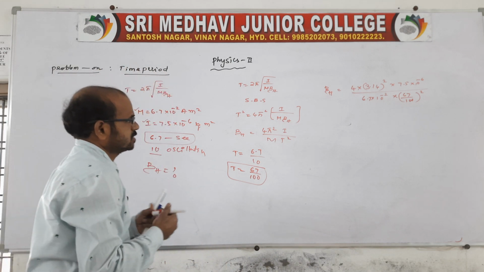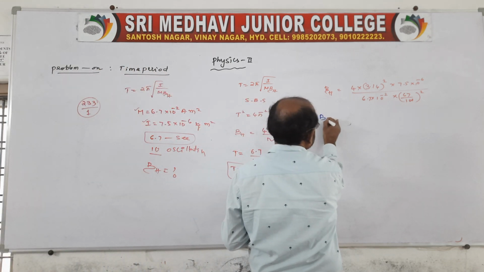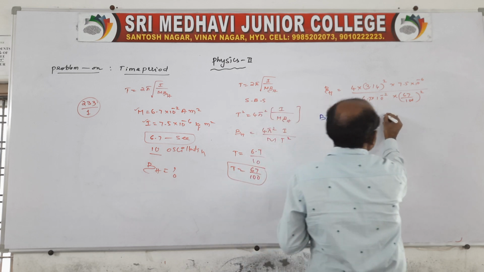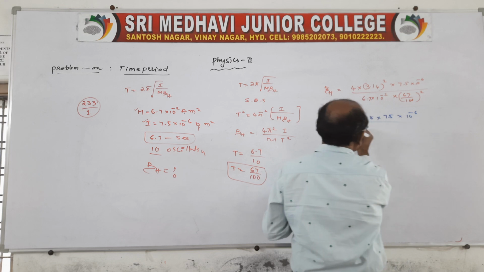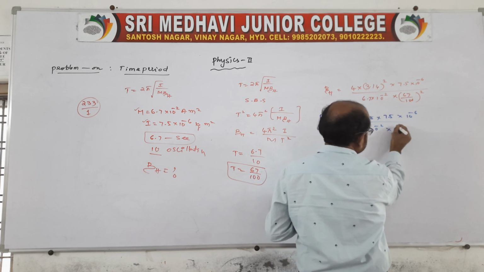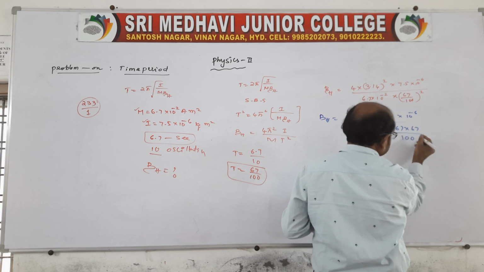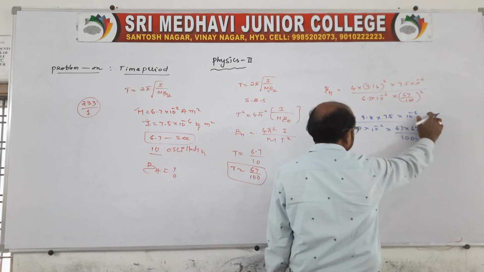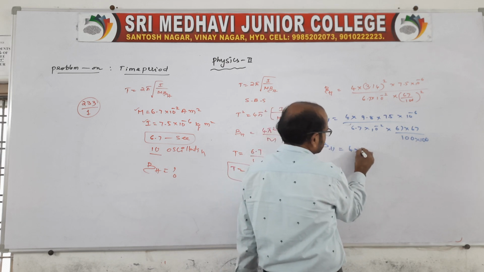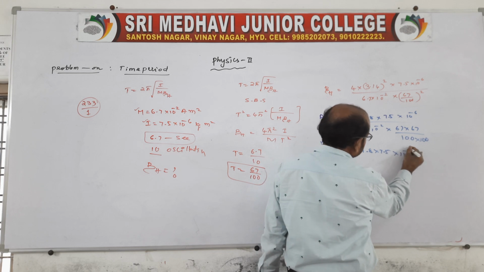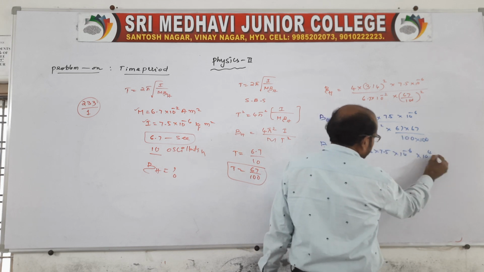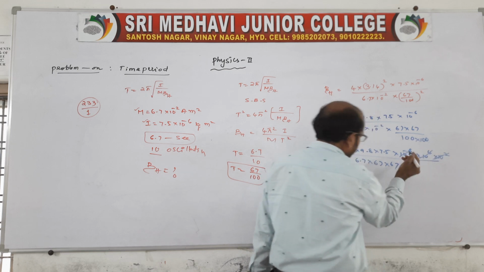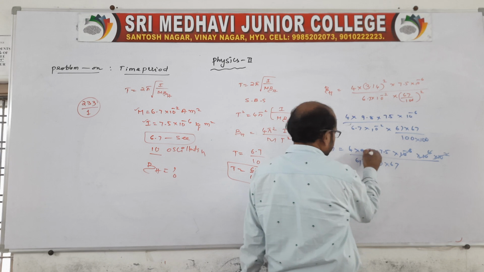First of all, we should minimize the powers of 10. B_H = 4 × 3.14 whole square, approximately 9.8, × 7.5 × 10^-6 divided by 6.7 × 10^-2 × 67 × 67/100 × 100, that is 10^4. So it is 4 × 9.8 × 7.5 × 10^-6 × 10^4, and then 10^2 by 6.7 × 67 × 67. The 10^4 and 10^6 cancel, and the 6.7 point is cancelled.